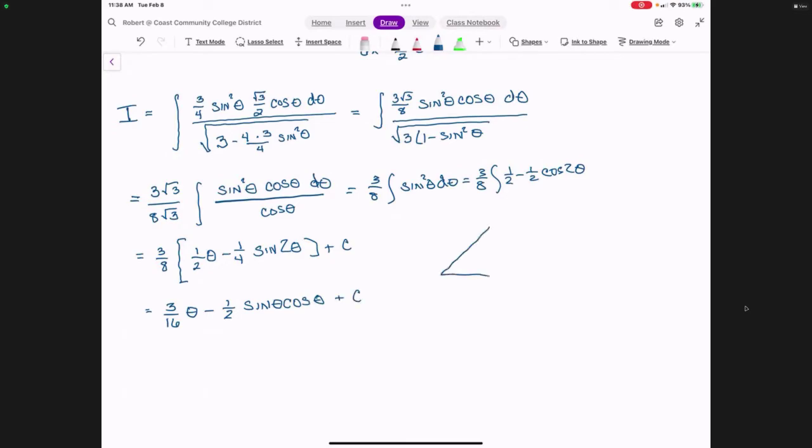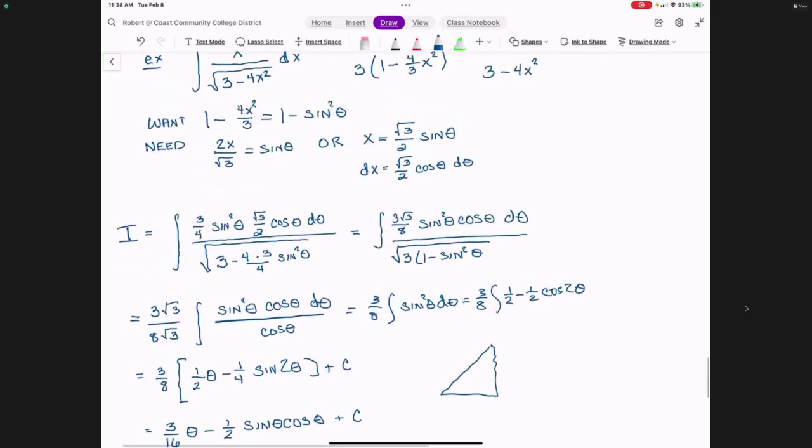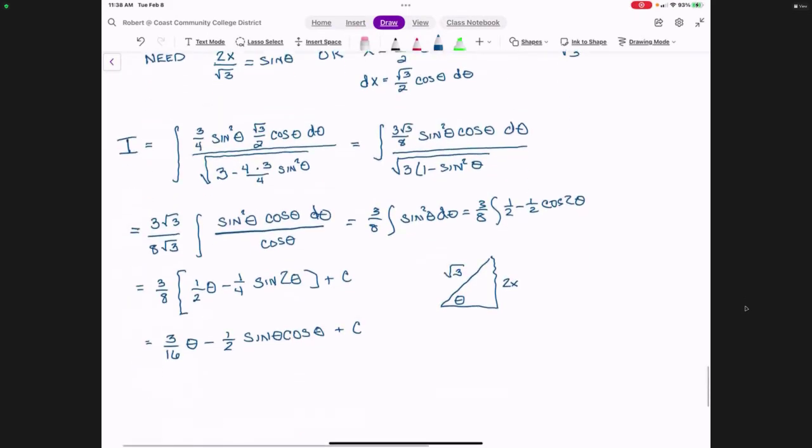Okay, now, way back up here, the sine of theta was equal to 2x over the square root of 3. So that means this side has to be 9 minus 4x squared, right?